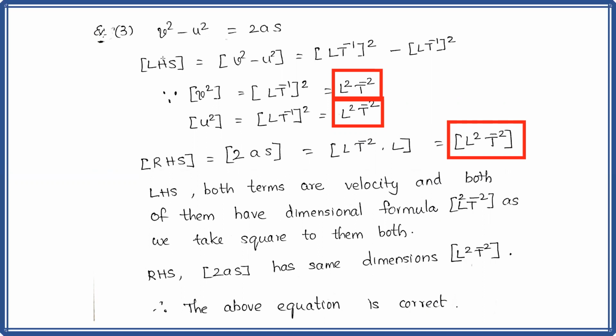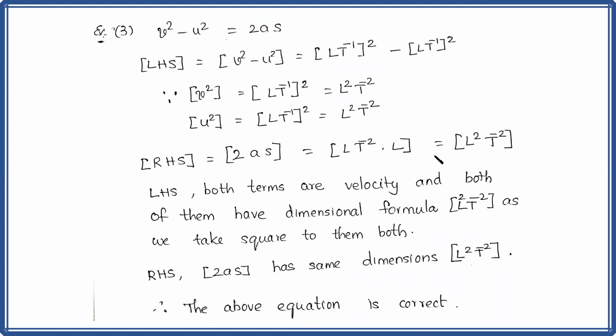On the LHS we have two terms, v^2 and u^2, each with L^2 T^-2, and the RHS, 2as, also has L^2 T^-2. Therefore, the conclusion is that the above equation is correct.